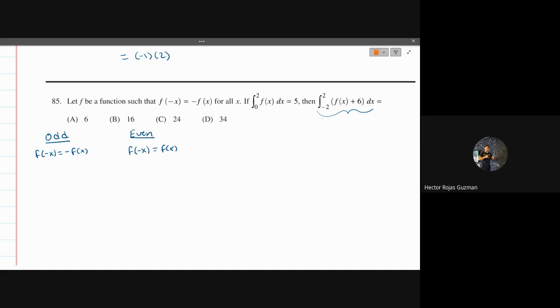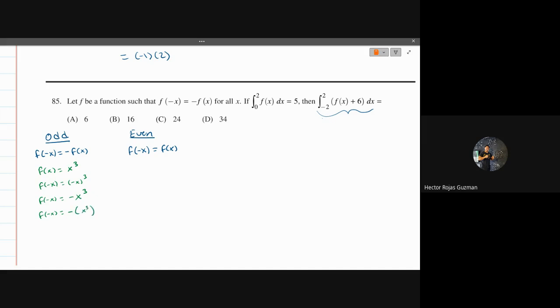Here's a really quick example of two graphs that do this. f of x equals x cubed. If I plug in a -x, you can see that -x to the power of 3 is -x cubed, which means we have the original function f of x, but with a negative on the outside now, right?